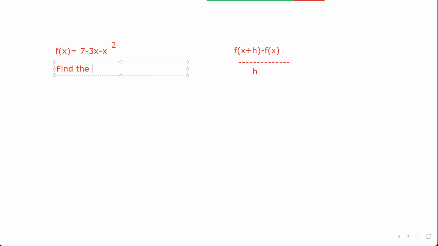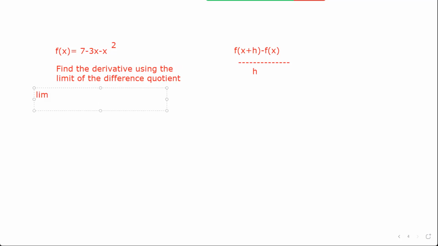So what we want to do here is find the derivative of this using the limit of the difference quotient. Okay. So what we're going to do is on every line, you have to write the limit as h goes to 0.